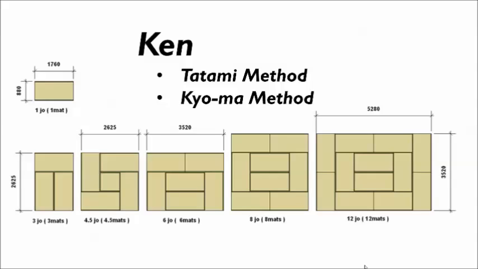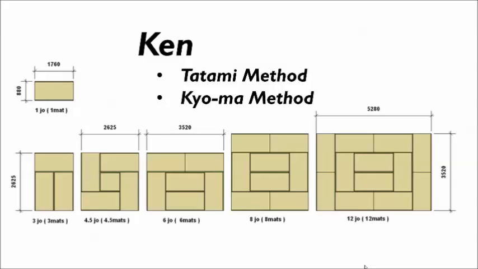The tatami method, while it has these mats, is slightly more variable. Then the Kyoma method is much more constant, so it's quite a bit more measurable and a bit more rigid, because the floor mat size in the Kyoma method remains constant, at a 3.15 by 6.3 shaku dimension.